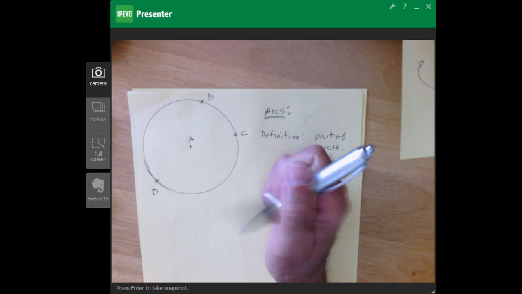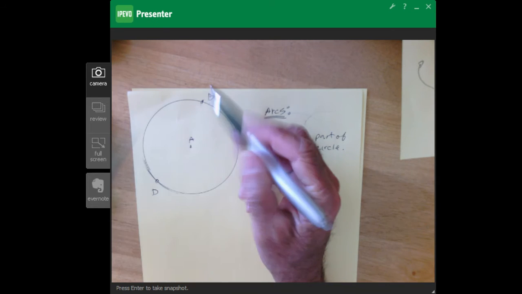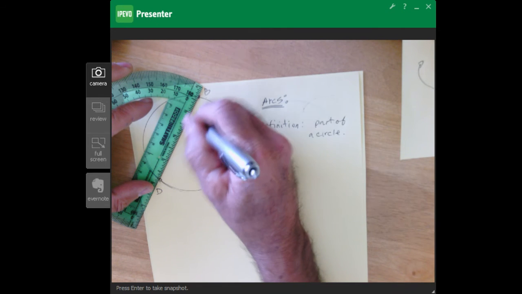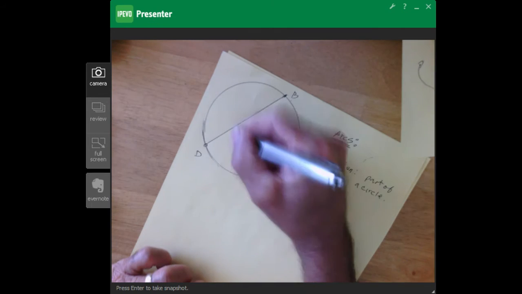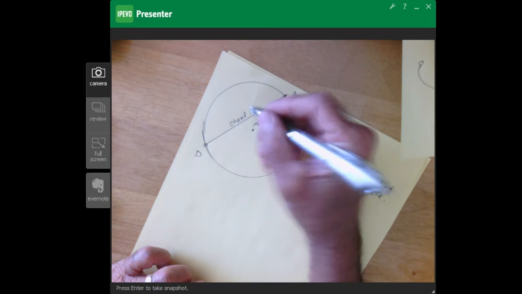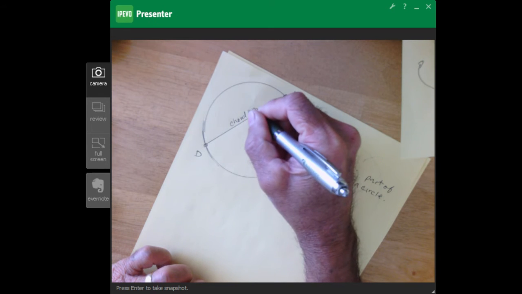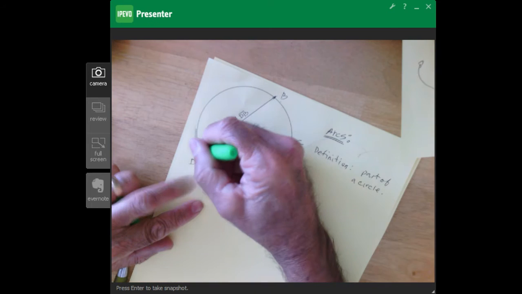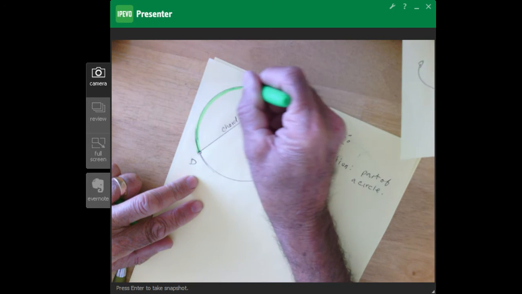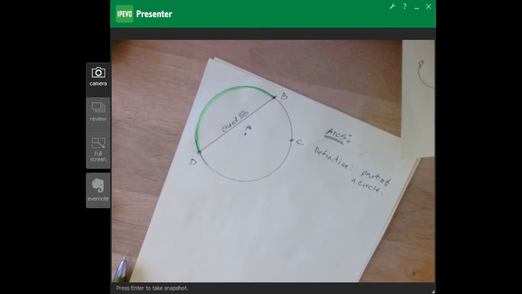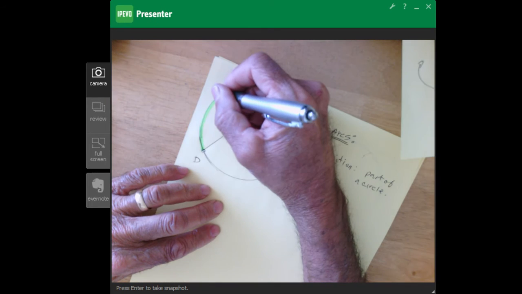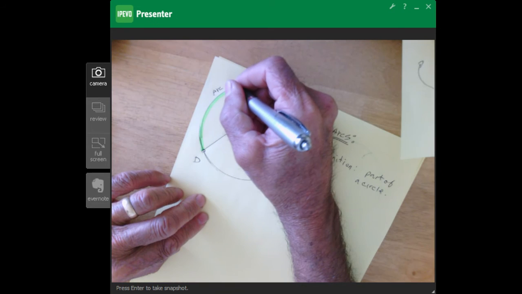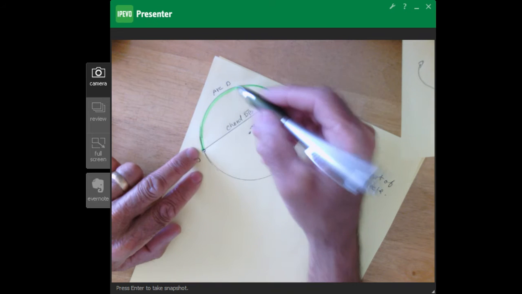But the difference is how you get from D to B. If we travel straight across a line segment, that's chord DB. Now if we go along the outside, like that, that's an arc.